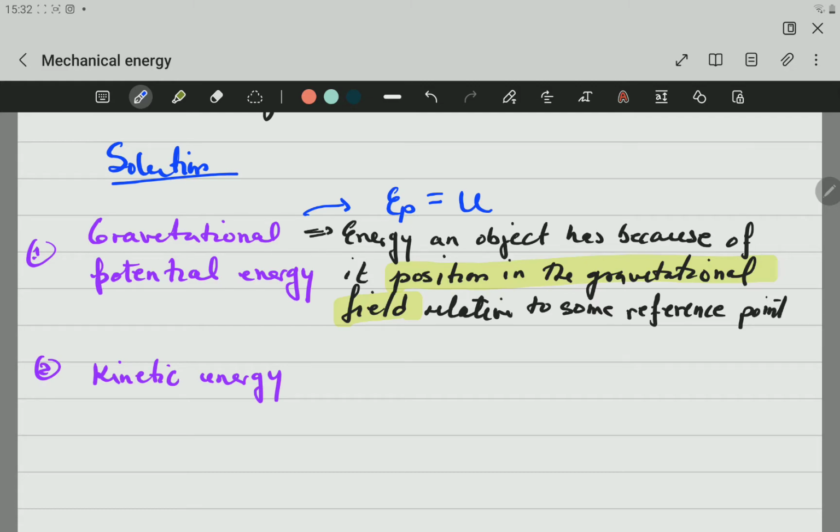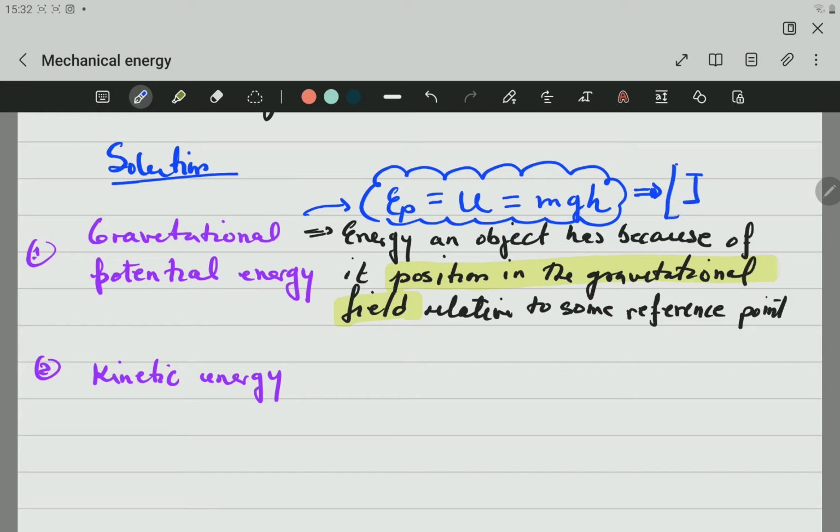That is the symbol for gravitational potential energy, and this is going to be equal to mgh. So this is the formula that we are going to use, and the unit of gravitational potential energy is the joule, and the symbol is J. So potential energy is the energy an object has due to its position in the gravitational field relative to some reference point.